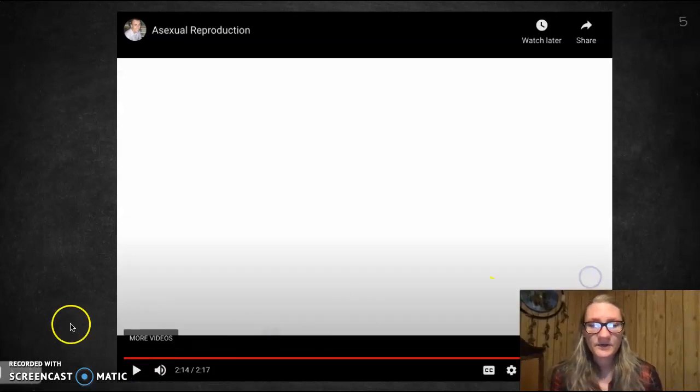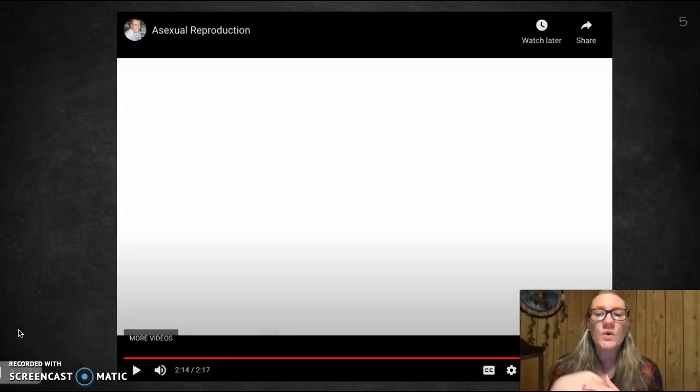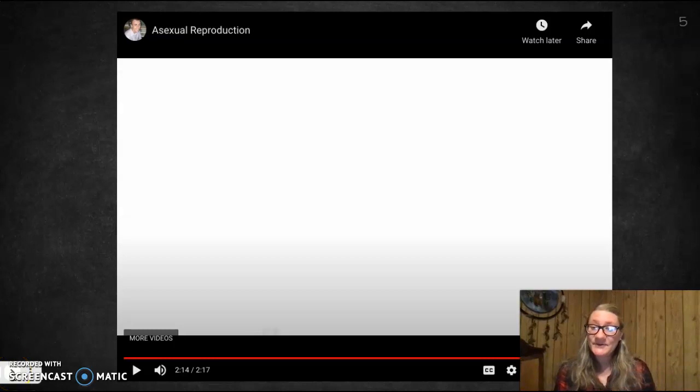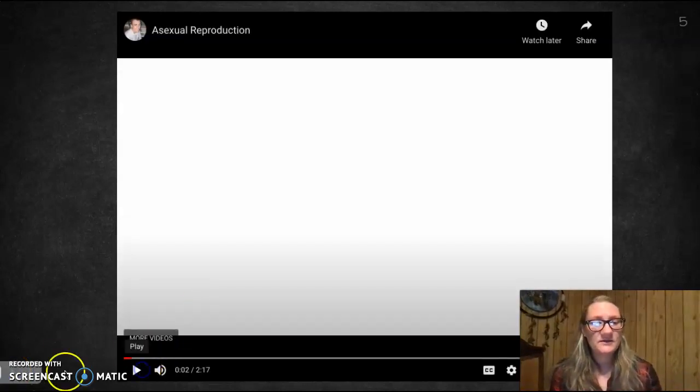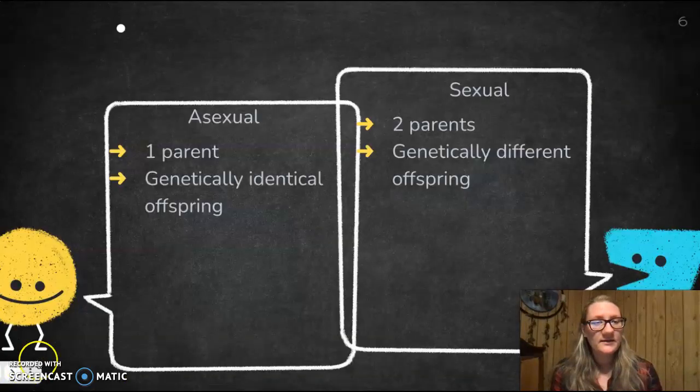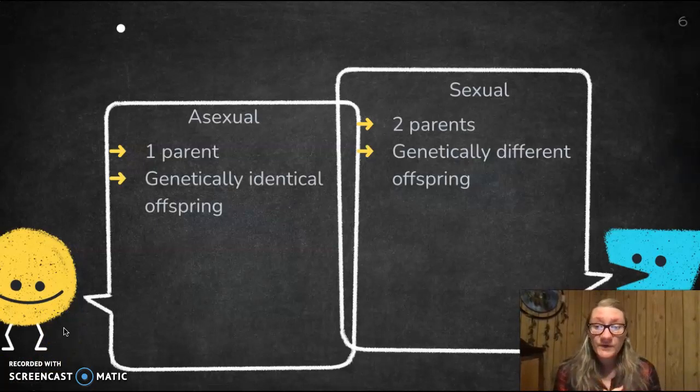Alright, so that video gave you a summary and showed you the differences between asexual and sexual reproduction. Hopefully you took some really good notes on your T-chart. If you did not, the main key ideas you should have taken away from that video are, in asexual reproduction, there is one parent, and it produces genetically identical offspring.